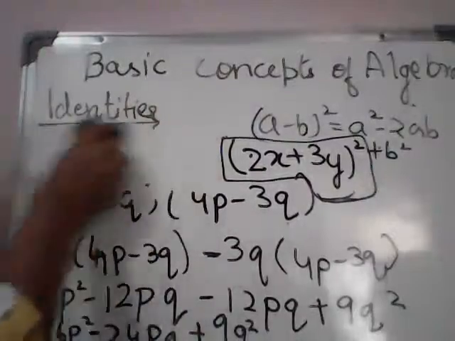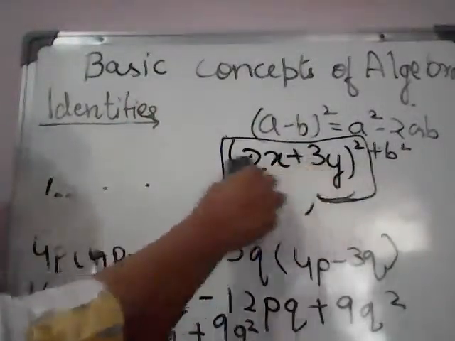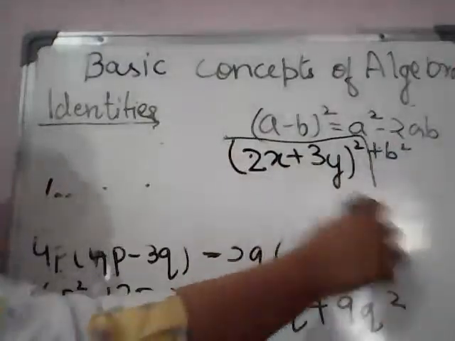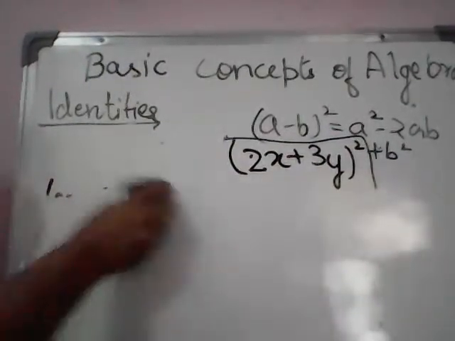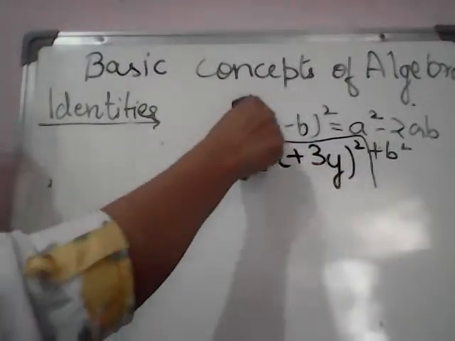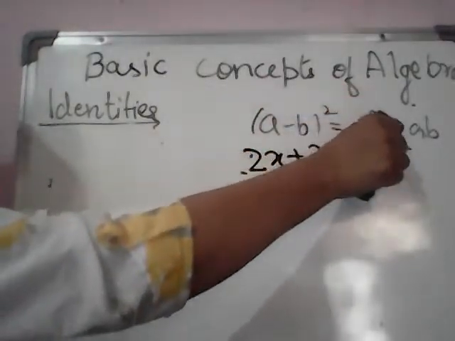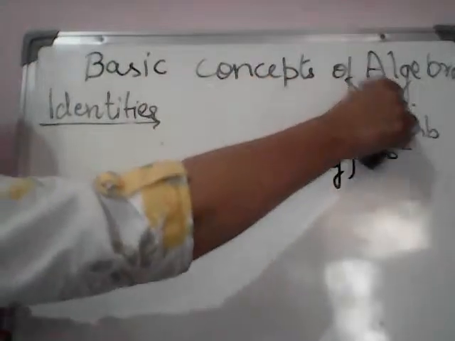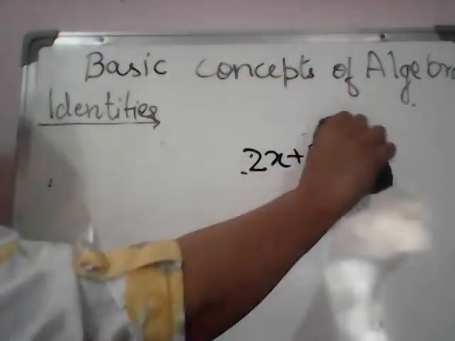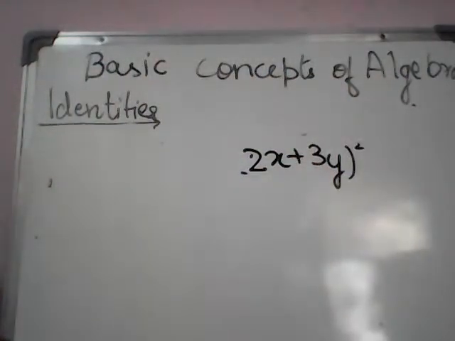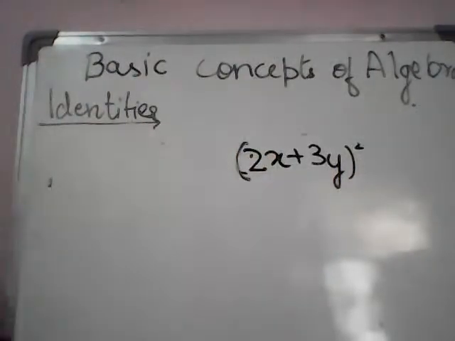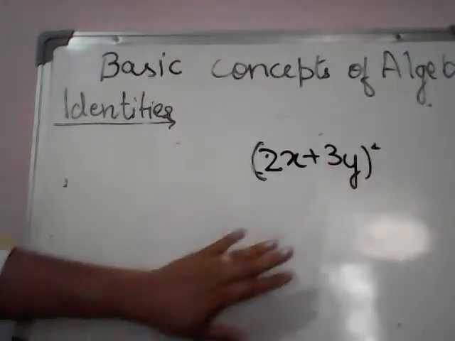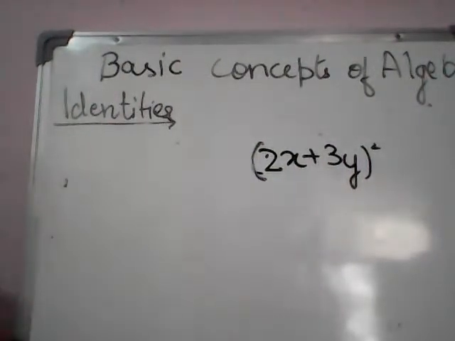This can be done both ways, simply by multiplying two expressions and by using identities. First of all, you have to judge which identity you will be using in this question. So we have a plus sign here. In plus sign, we have two identities, the first and fourth identity.